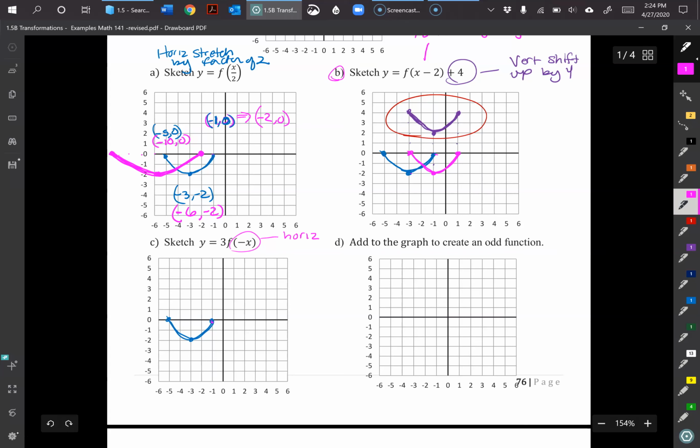So if they're already negative, then they're going to become positive. So let's do that first, and then I'll show you how we're going to stretch the output by a factor of 3. So when it's outside of the f of x, it's affecting the vertical. So that'll be our vertical.